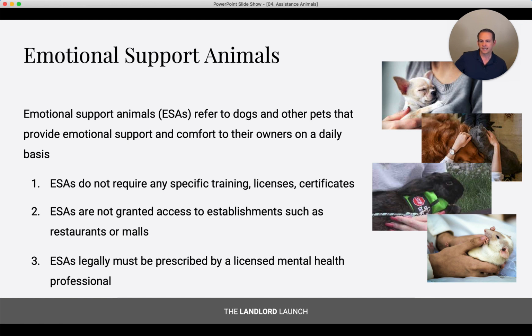ESAs do not enjoy the same access to public areas as service animals do. I know there's a lot of misconception out there that if you have an ESA, they'll be able to go on a plane with you, travel with you, or go into a restaurant with you, but that is not the case actually. That applies to service animals, but it does not apply to emotional support animals.